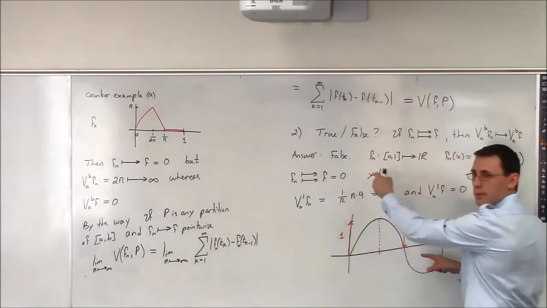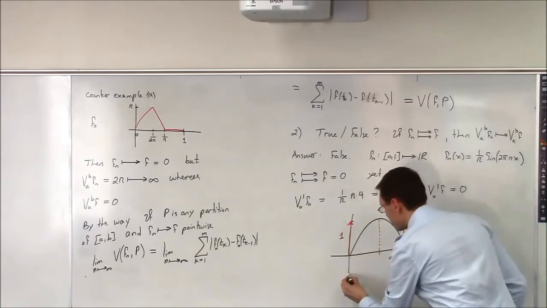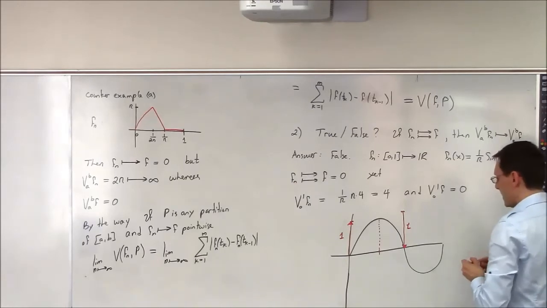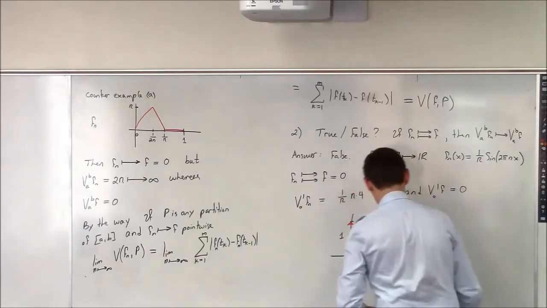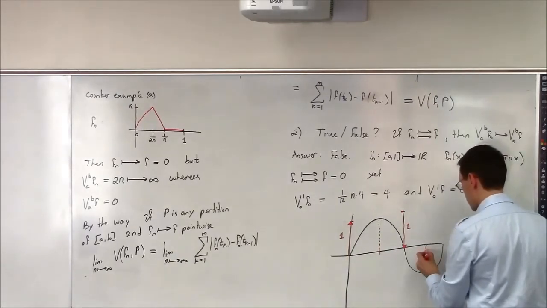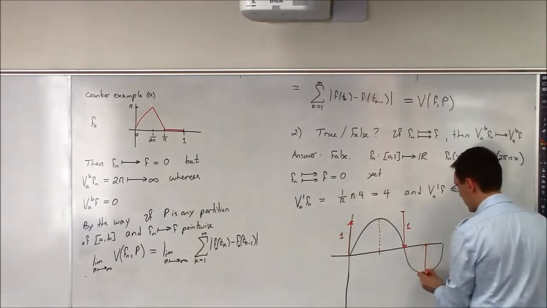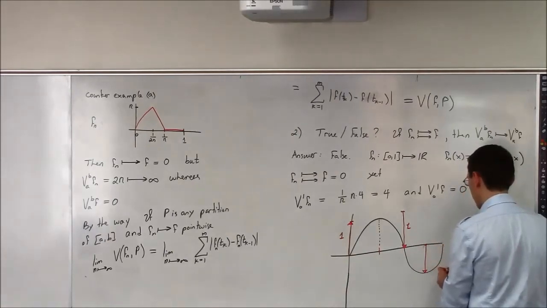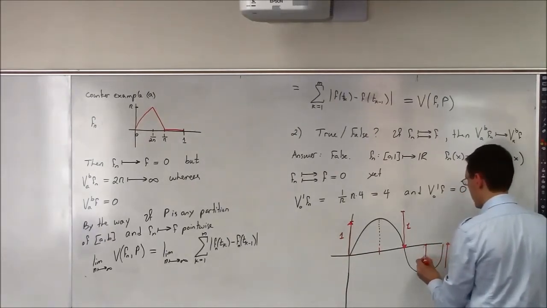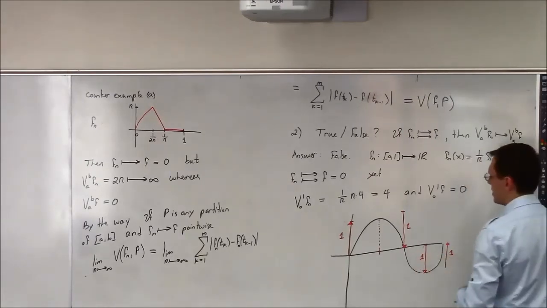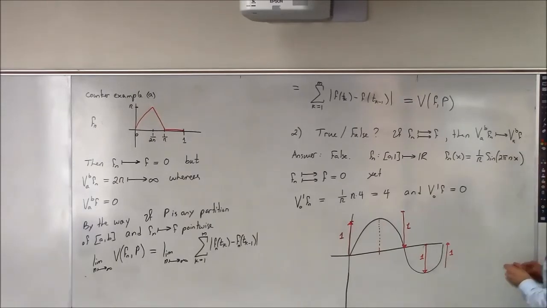So it travels 1 up, then 1 down. Then it travels 1 down, and finally 1 up. So altogether the variation is 4, right?